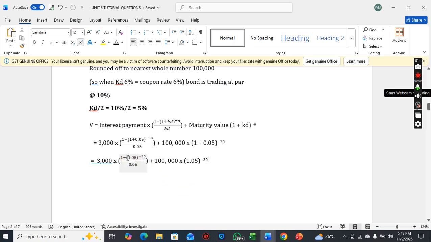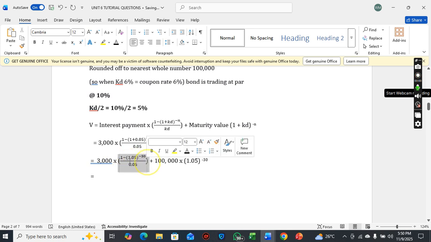Tell me what you get as the annuity factor there. Yes, has anyone got the annuity factor here?